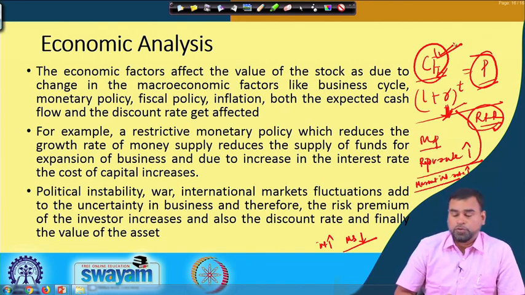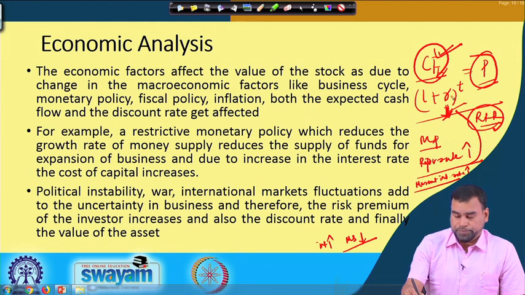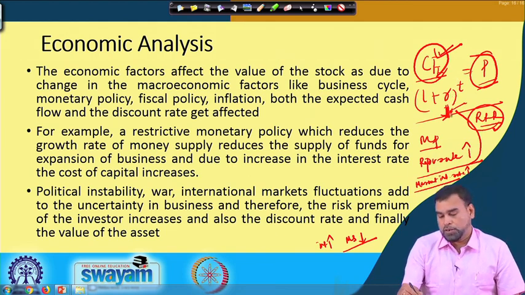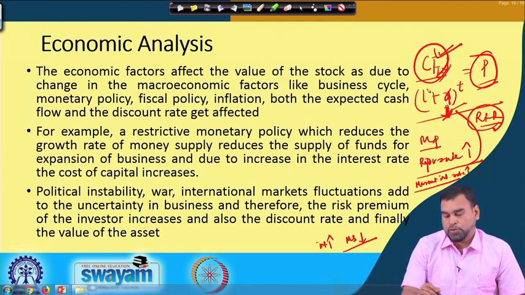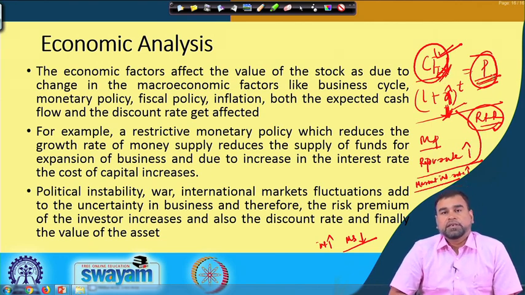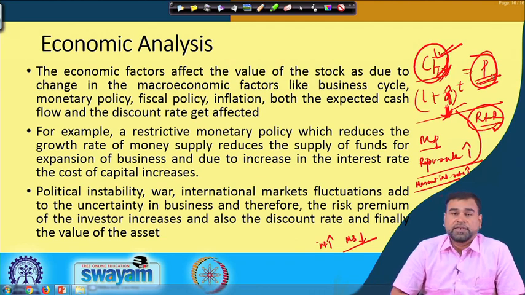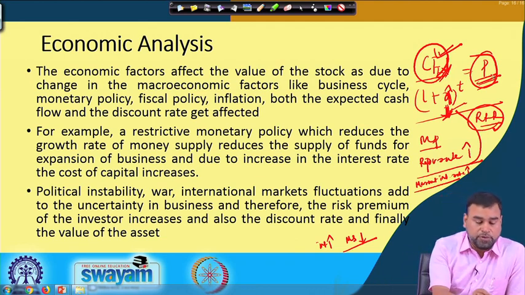The cash flow also will go down. The rate of return or the discount rate will go up. R will go up, the cash flow will go down, then obviously the price will be drastically affected, and the price gets affected due to the change in the monetary policy.